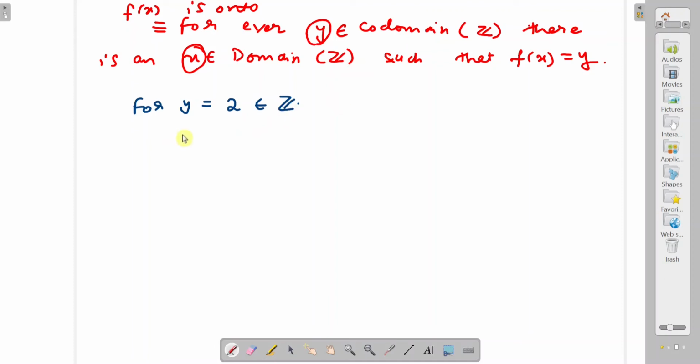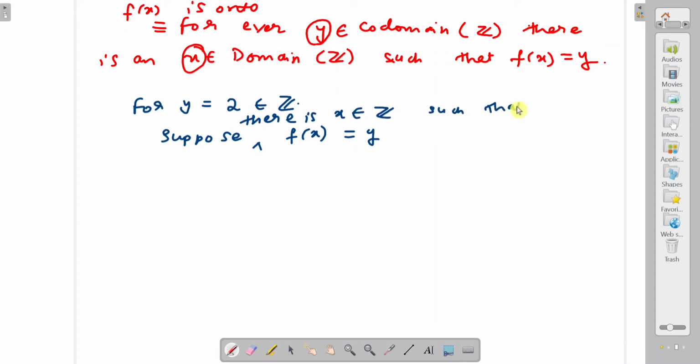Now suppose there is an x belonging to the domain, which is again integers, such that f(x) is equal to y.